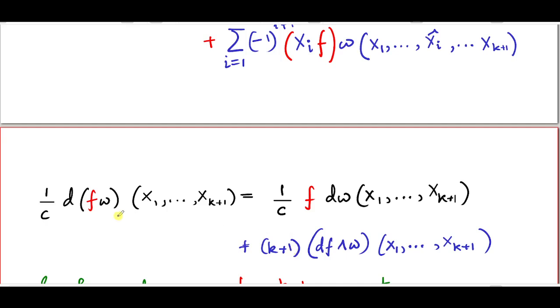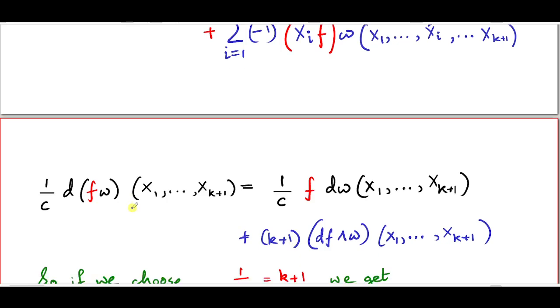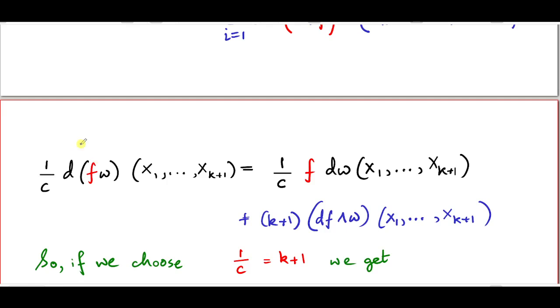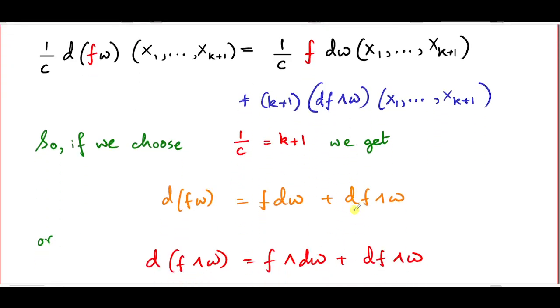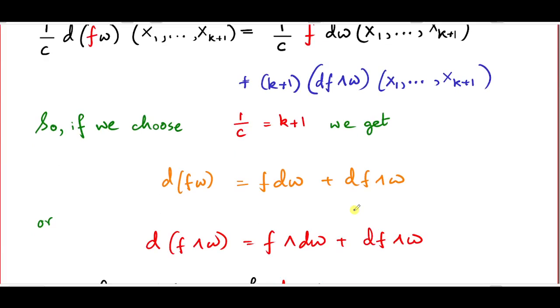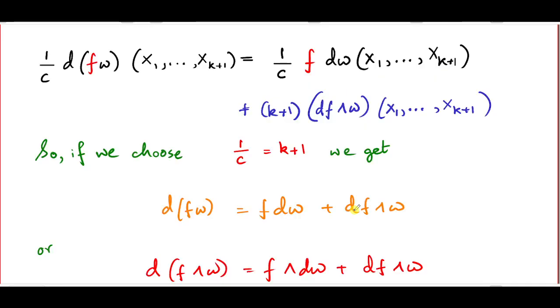So what you need for our formula to be exactly Leibniz is for this 1 by c to be equal to k plus 1 so that we can cancel this from both sides and you end up with d of f omega is f times d omega or f wedge d omega plus df wedge omega. So this Leibniz-like property will be ours if we choose the constant c to be 1 over k plus 1. So our job is done.